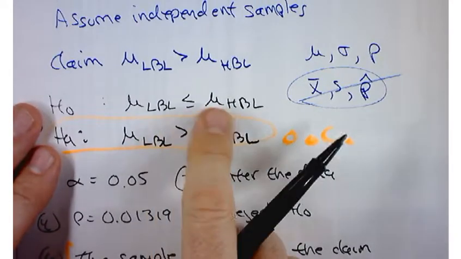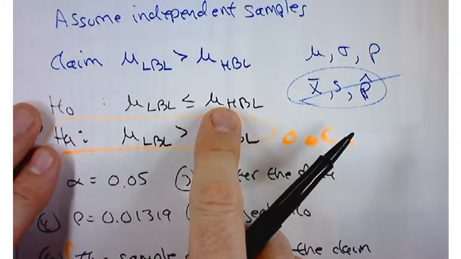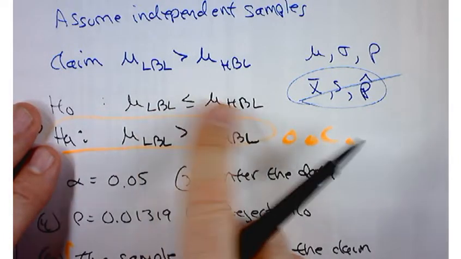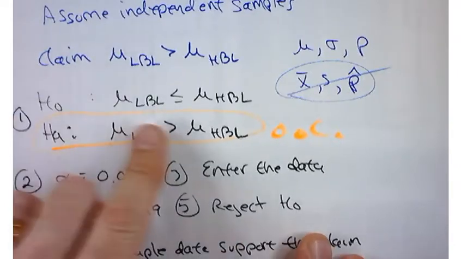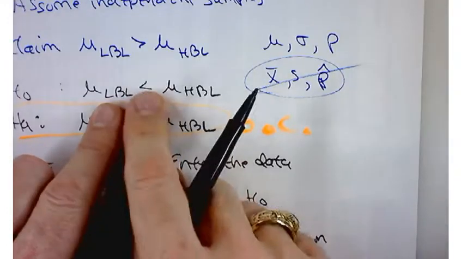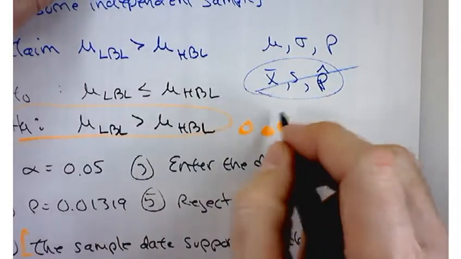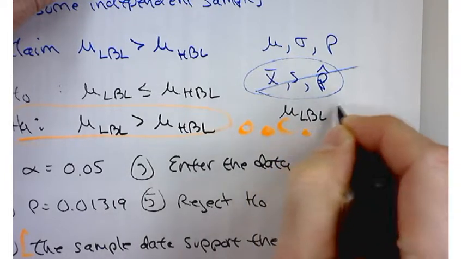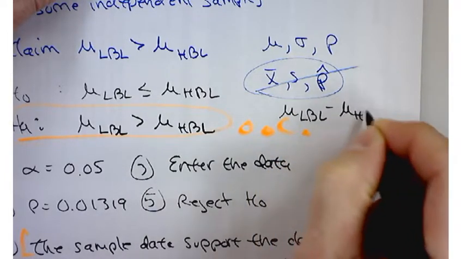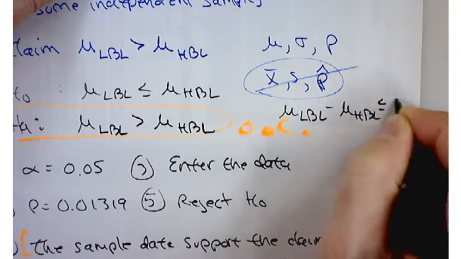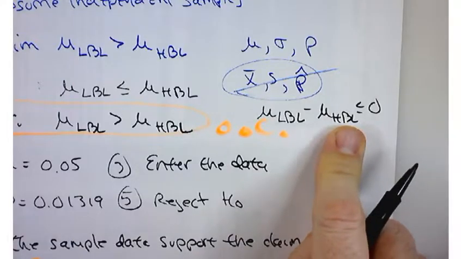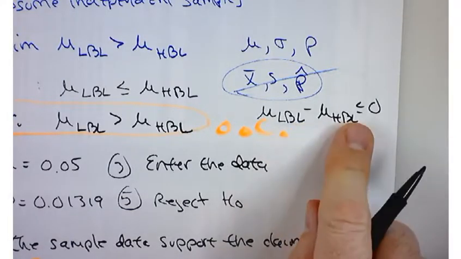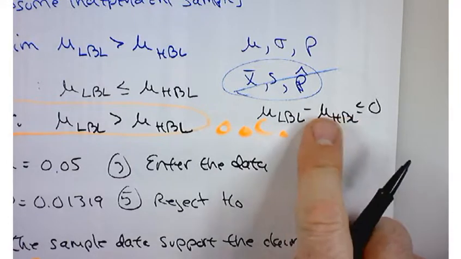Now, if I move this over from one side to the other, then I'll see something interesting about the difference in these two. When I subtract mu LBL minus mu HBL, the null hypothesis is going to include the possibility that this is 0.